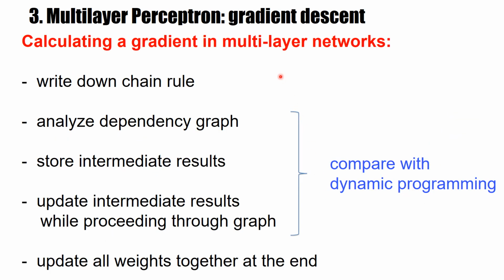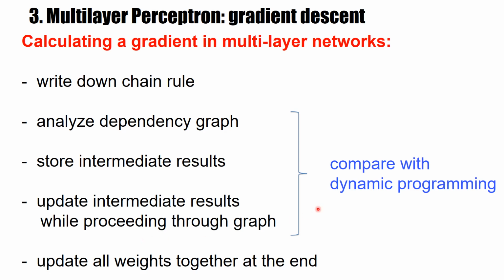So calculating the gradient in the multi-layer network, you just write down the chain rule. But since the chain rule has so many terms, it's important to keep things clear. We need to analyze the dependency graph. We have to store intermediate results. We update the intermediate results while proceeding through the graph.